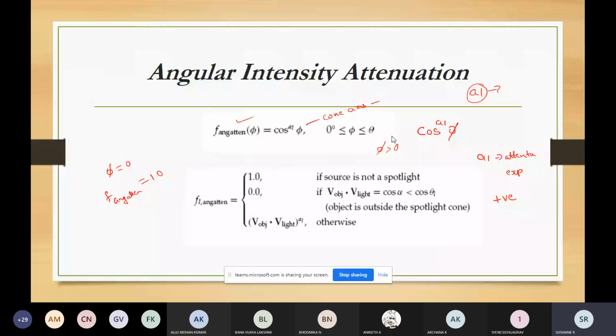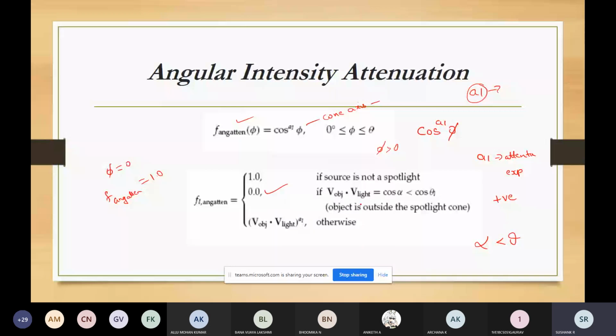So these are the cases you should consider. And also see this case. If the value of alpha is less than theta, then this attenuation will be 0 because the object is not visible.